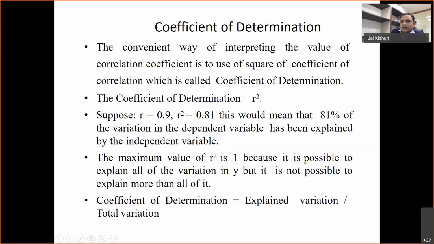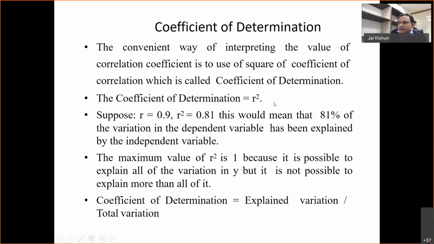That is, the value R which we have calculated, either through Spearman rank correlation or the Pearson correlation coefficient, when we take its square, we get the coefficient of determination.